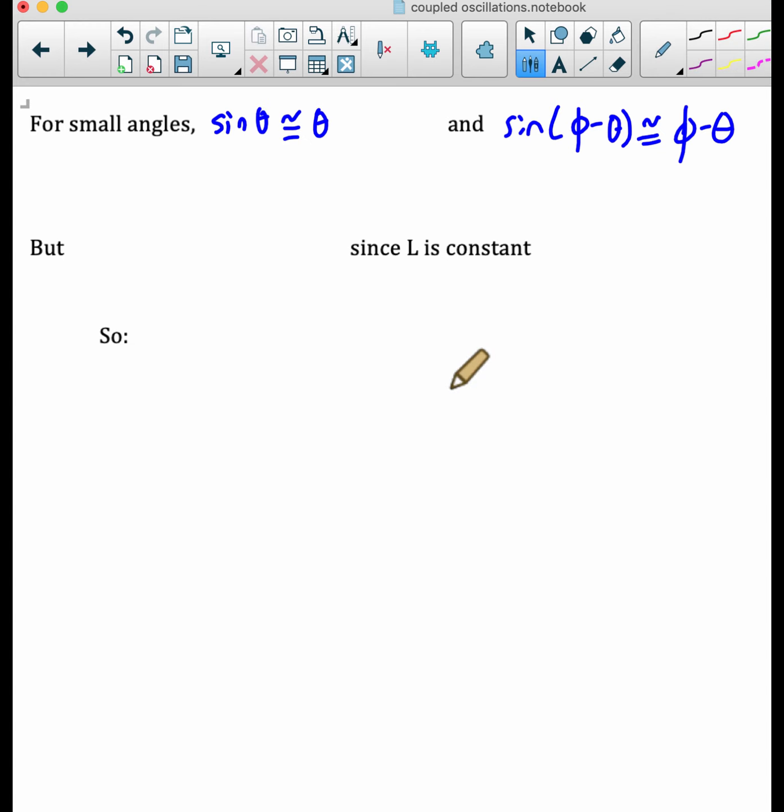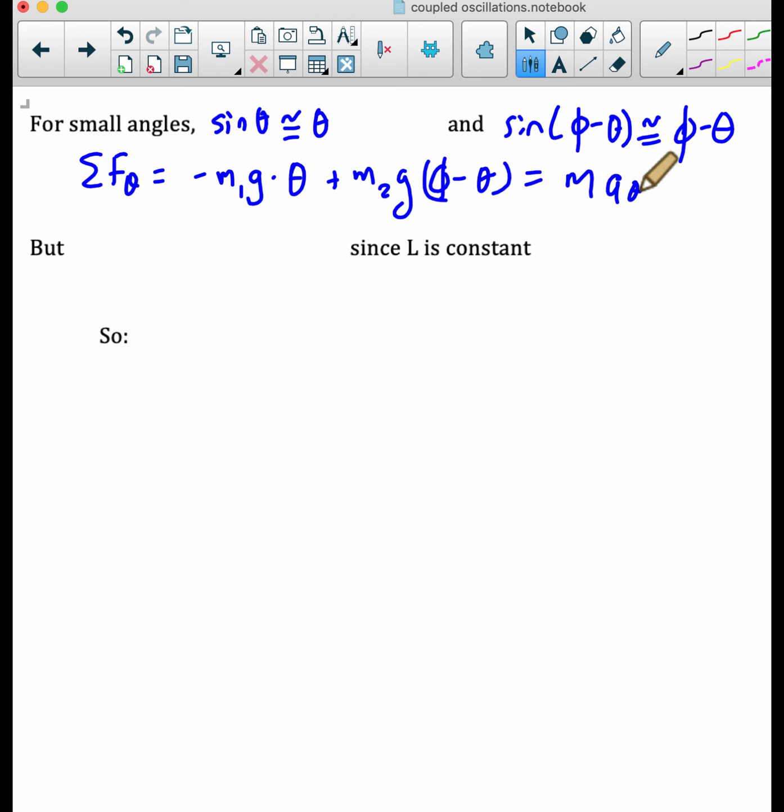And so we have, for the sum of the theta forces, minus m1g, sine theta we replace with theta, and then substituting in for the tension force, we say it's about equal to m2g, and then sine of phi minus theta, we're going to say that's approximately phi minus theta, and that equals the mass times the theta acceleration.